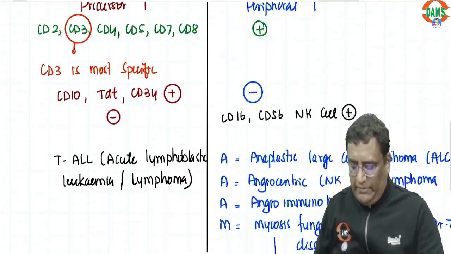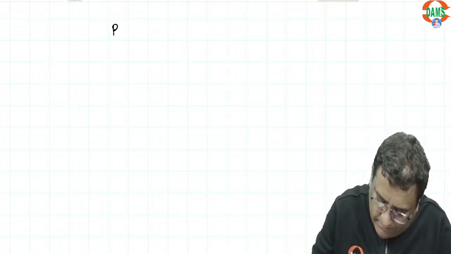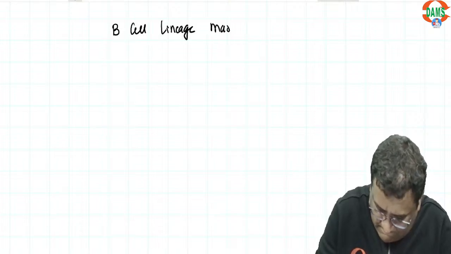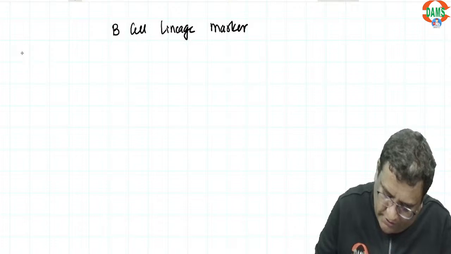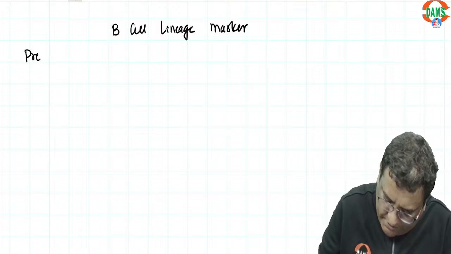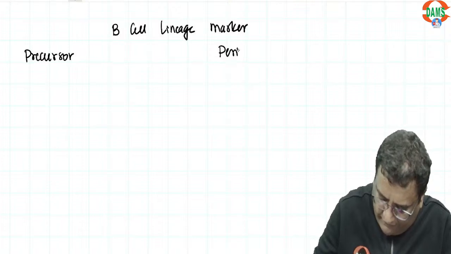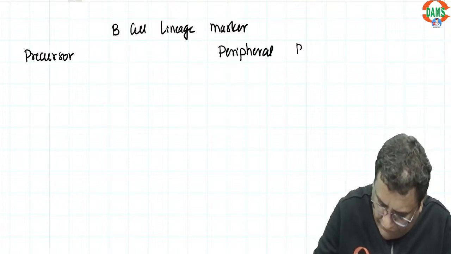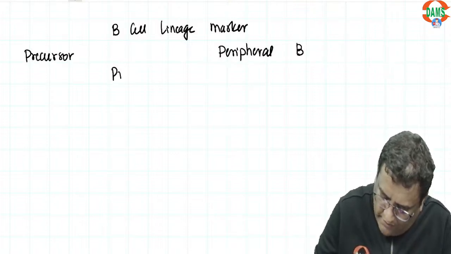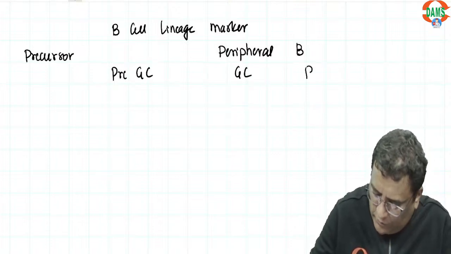So let me make a table accordingly now. For B cell lineage markers, I'll write first precursor B, and another is peripheral B. In peripheral B, there are 3 zones: pre-germinal, pre-GC, GC, and post-GC.